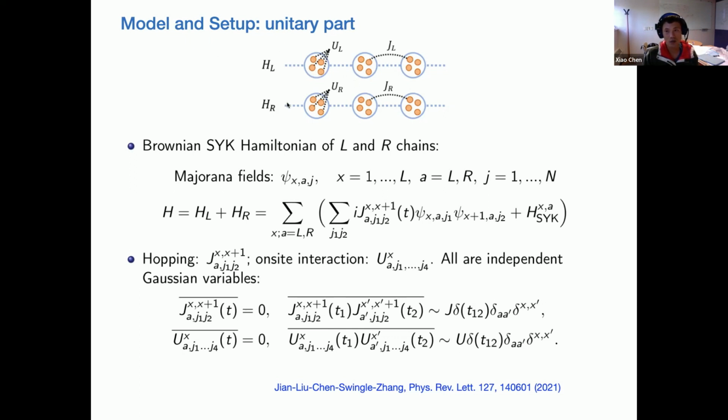We consider two chains. The reason we consider two chains is for computational convenience, as we will show later. Each of them has the same Hamiltonian, and all of the interaction coefficients are Brownian. This is for the unitary dynamics. Now let's introduce the measurement part.